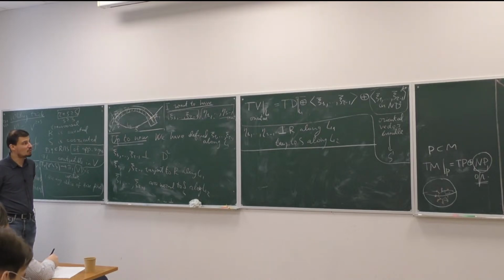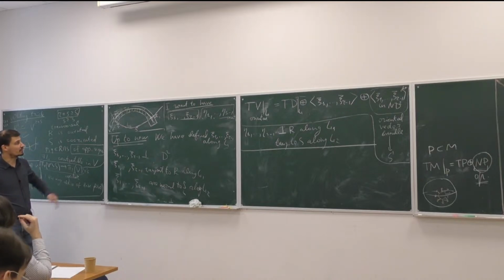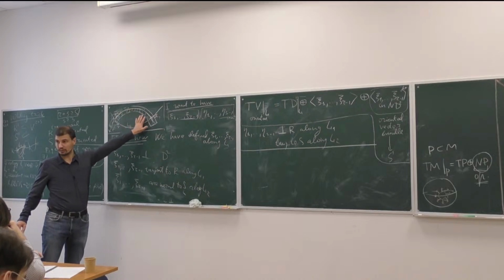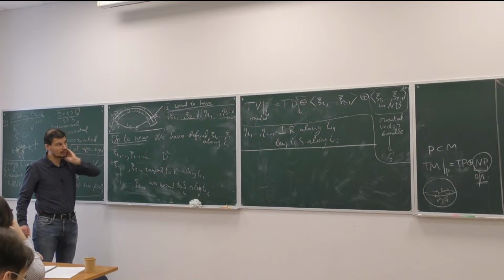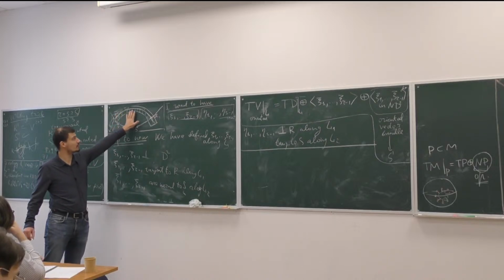But now we have to do one thing which is less easy. The matter is that we would like to extend our vector fields to the interior of the disk. And what do we see? We only want this on the interior of the disk.